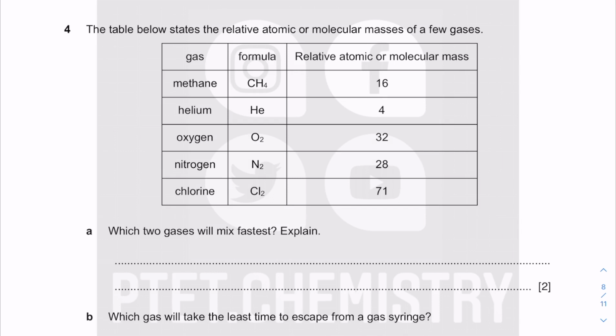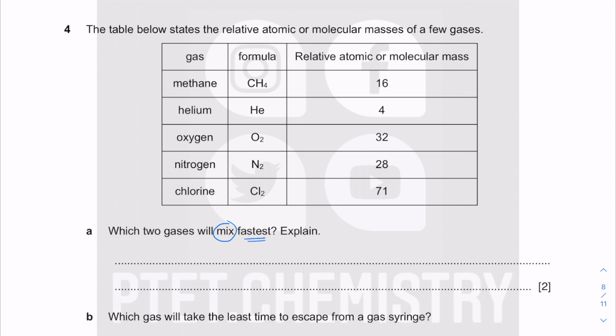Question 4. They give you a couple of gases with formulas and the relative atomic mass being given already. Well, you should know how to get them straight from your periodic table. Which two gases will mix fastest? This is a bit weird. I guess this comes down to the two lightest.